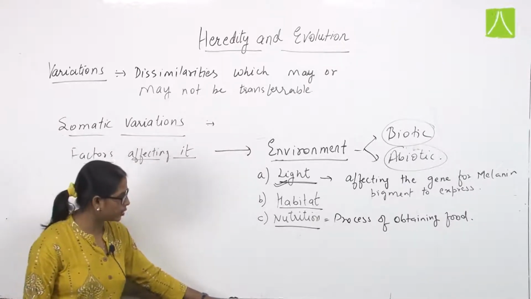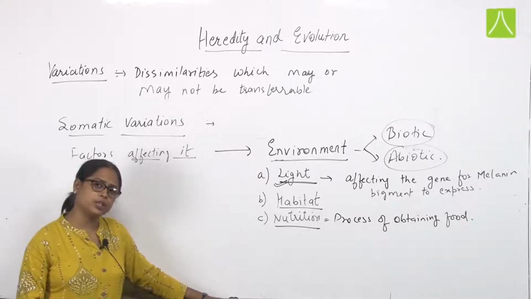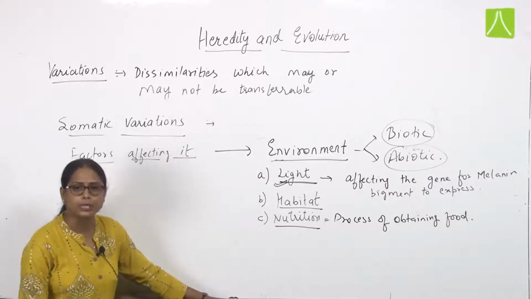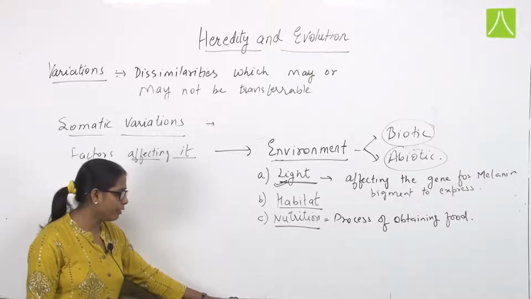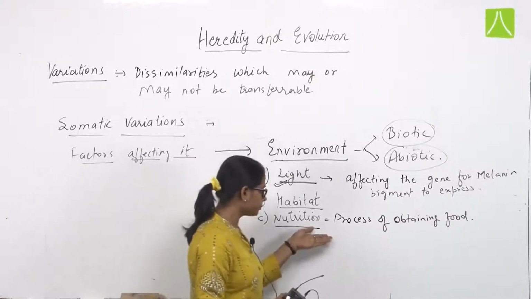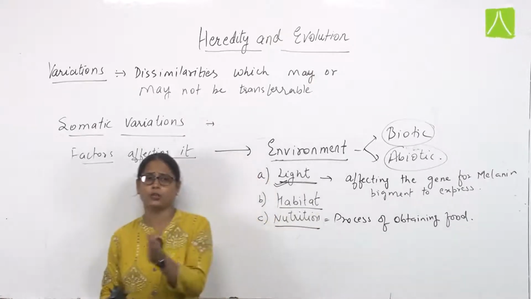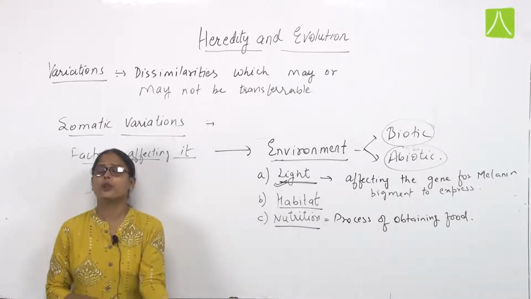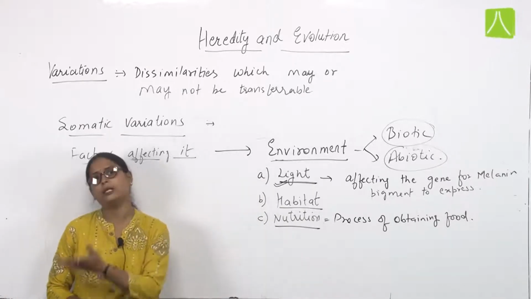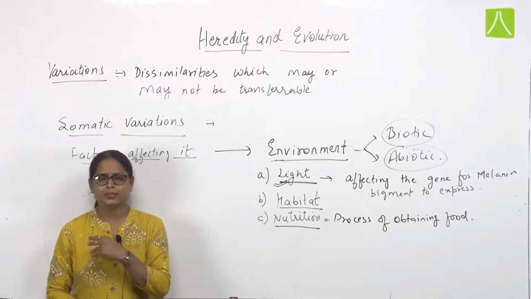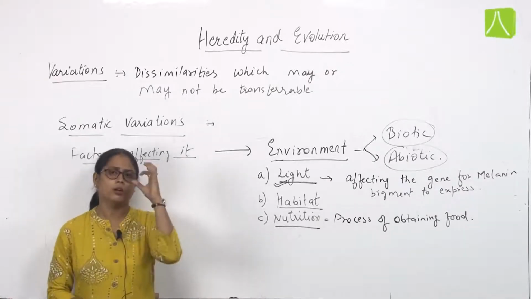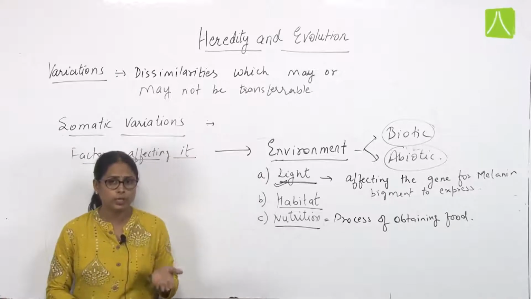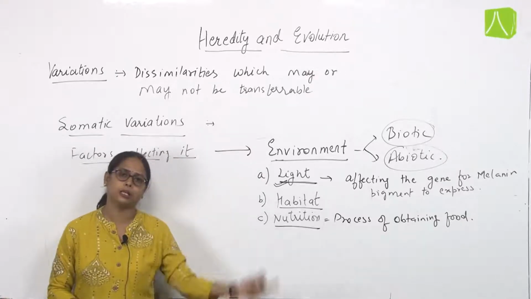Due to nutrition also, a variation can occur in a particular gene. If any organism is feeding on a particular type of food substance, and it changes its food habit due to availability of food, that means if its preferred food is not available, then it will feed on another type of food.